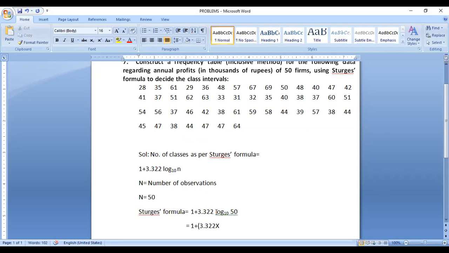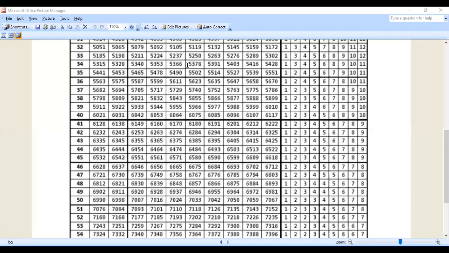So how to find out that? I will explain. You try to understand properly. We will go to the logarithm table. So now you can see we have to find out the value of log 10 50. How it comes? I will explain. Try to comprehend. First you take one point because we are finding out the value of log 10 50.